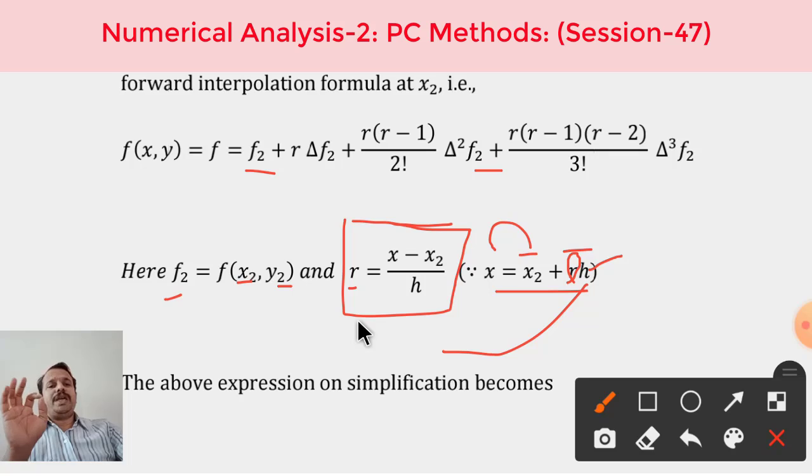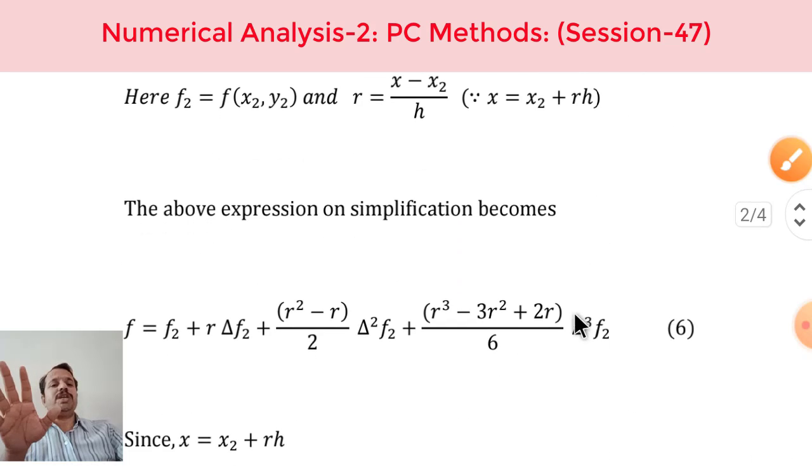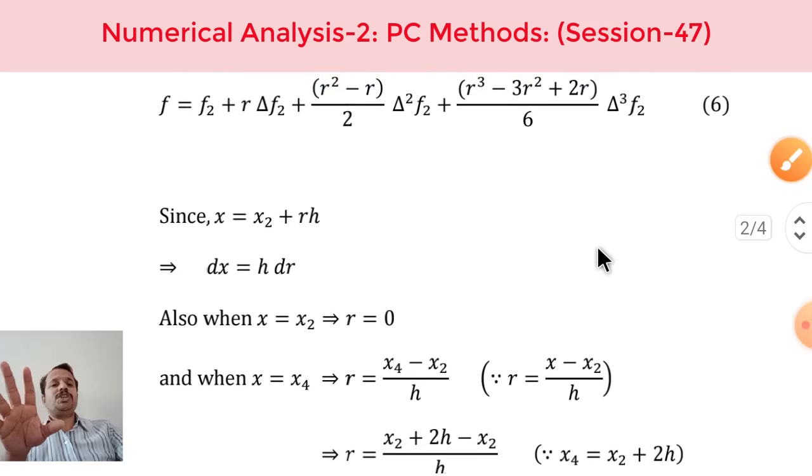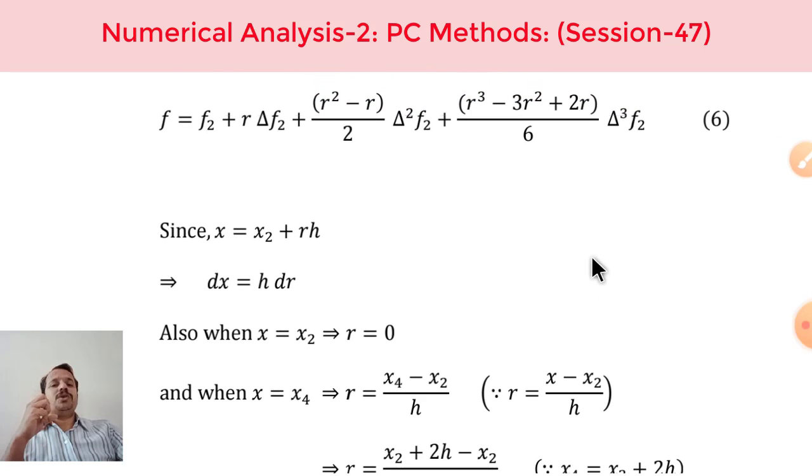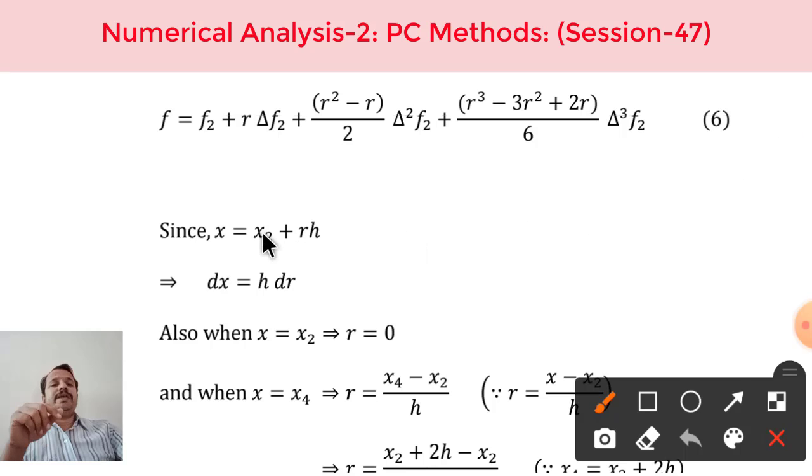Now we can use this new definition of the variable r. The variable of integration is totally changing from x to r. When it is changing from x to r, dx should change to dr. So x is equal to x2 plus rh, we know.